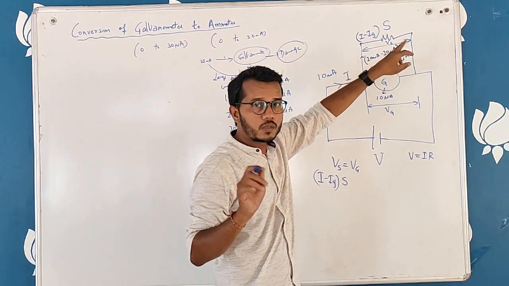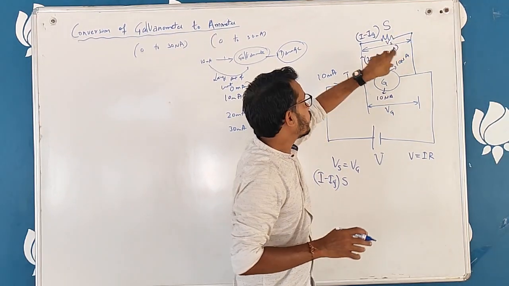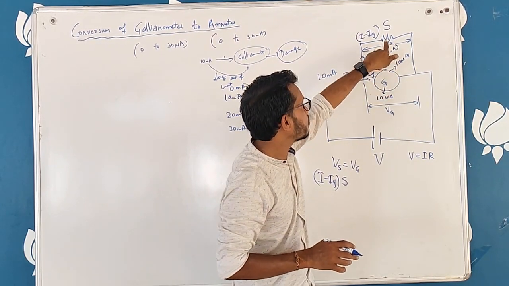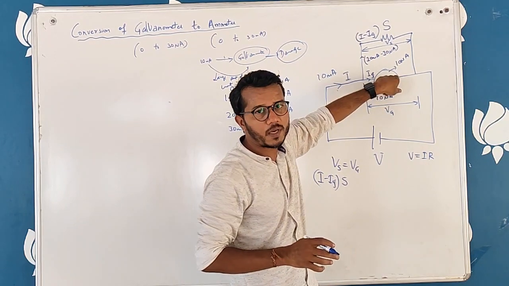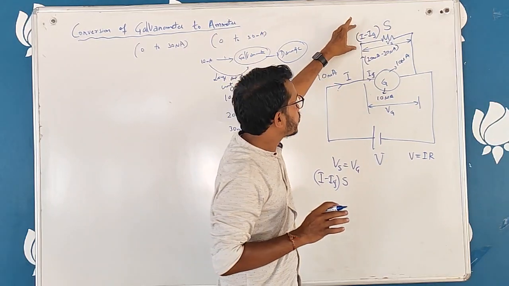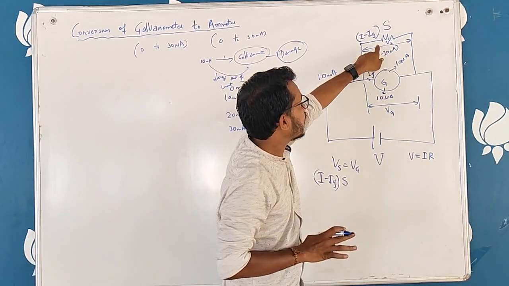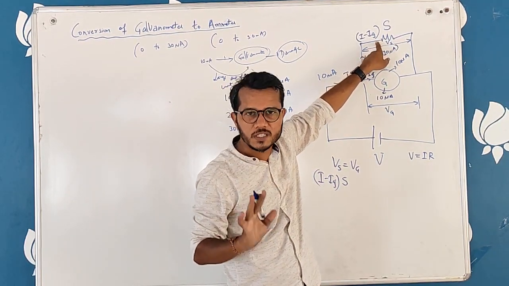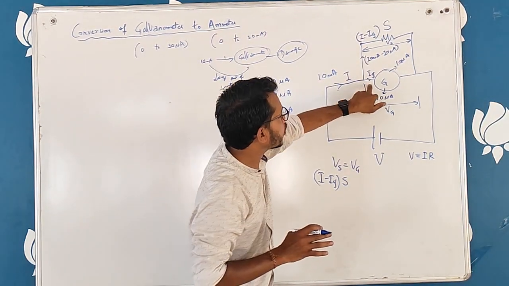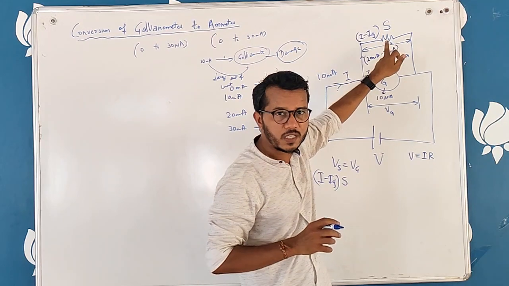Sorry, one more thing: we need to find out the shunt resistance. See how much resistance I have to connect parallel to this galvanometer so that only this much current passes through it. So we have to find the value of the shunt resistance.